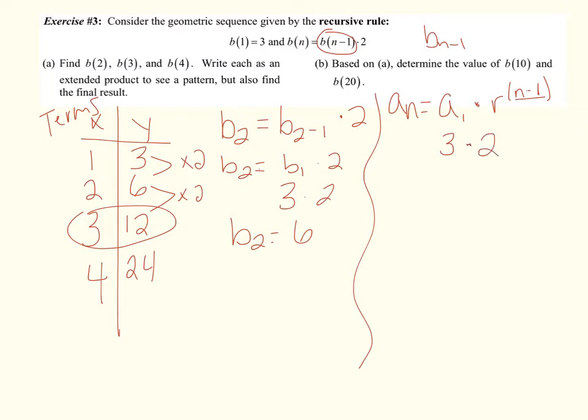R is common ratio, don't forget. Raised to the, well, if I'm looking for 10, I'm going to say, okay, 10 minus 1, which is really 3 times 2 raised to the 9th power. If you do that in your calculator, I hope that you can figure out that 3 times 2 raised to the 9th power is 1,536.